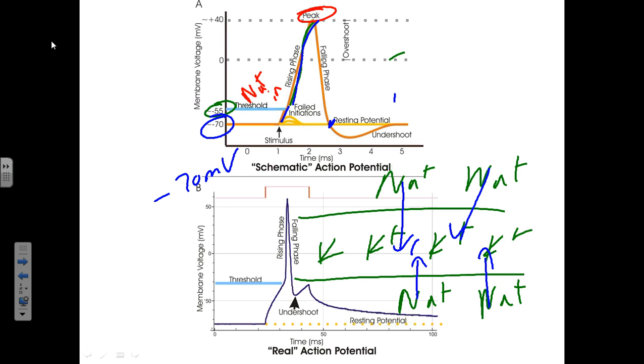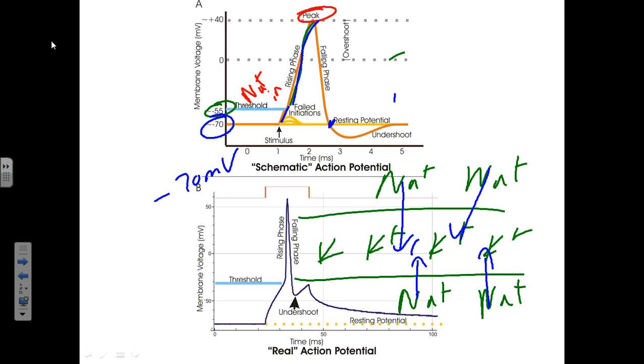At that point in time, we said, what happens? At +40, what happens to the sodium gates? They close. And the potassium gates open because they're both voltage-gated channels. When the potassium channels open, there was a lot of potassium inside, not hardly any outside.